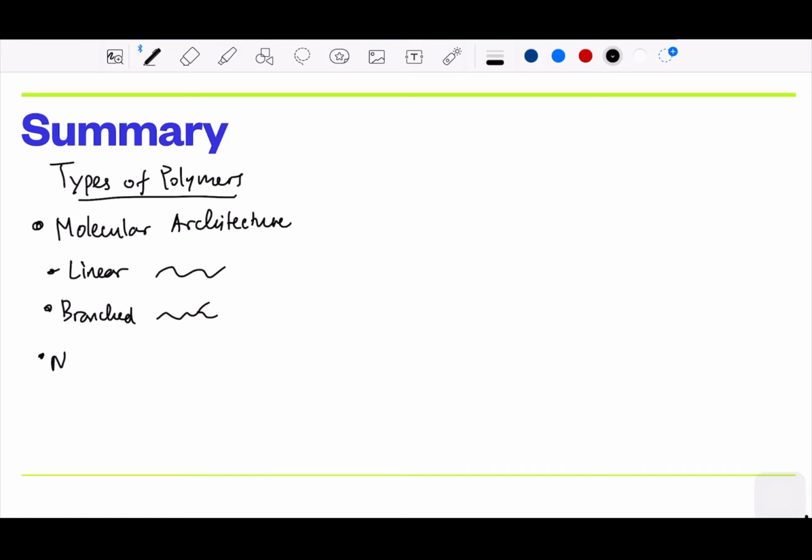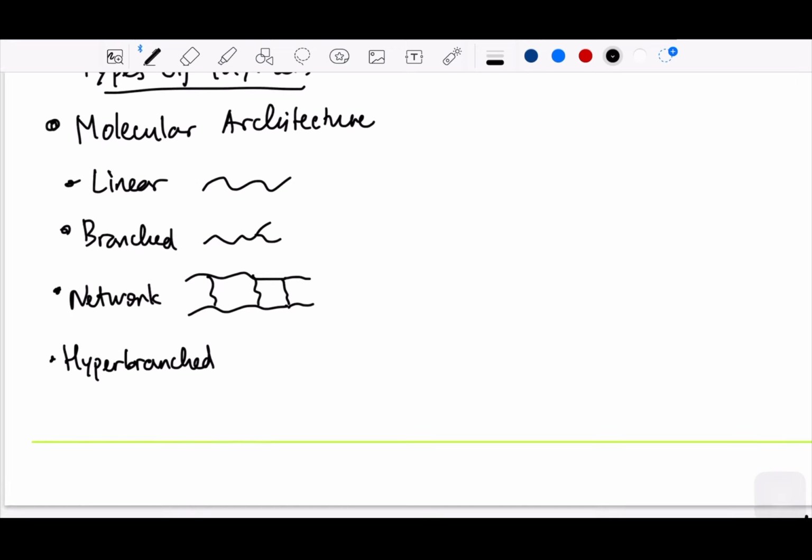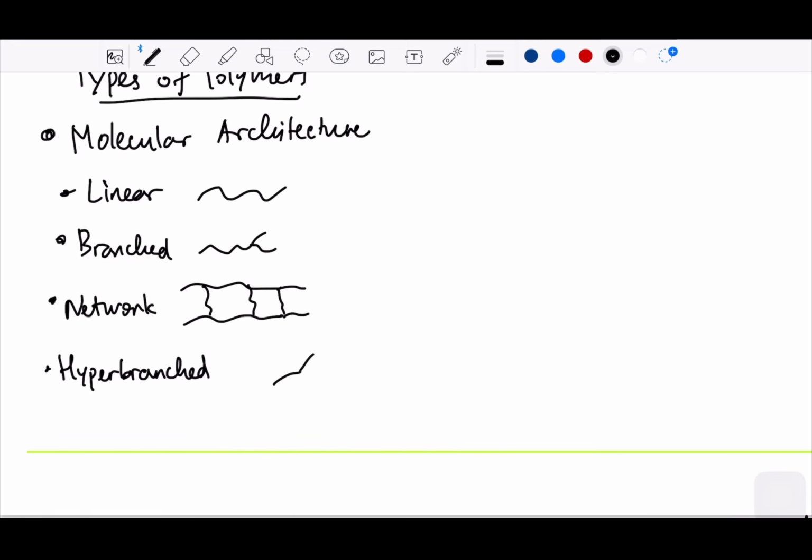We have a network. Okay. And then we have hyperbranched. That is if each path becomes 2, for example, like this. Okay. Or dendrimers.